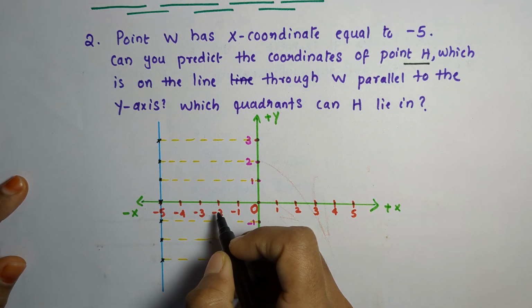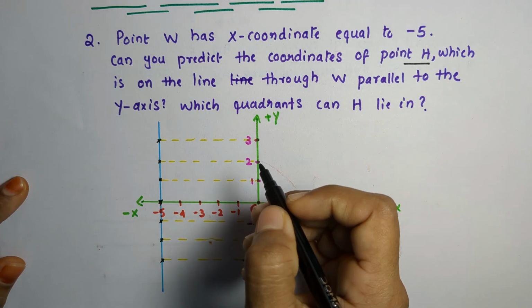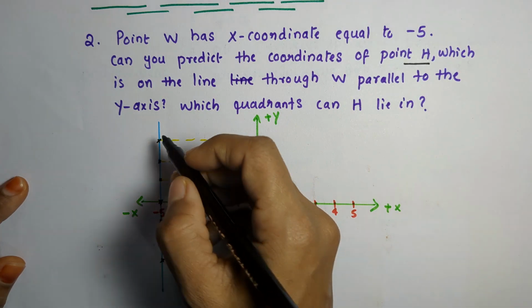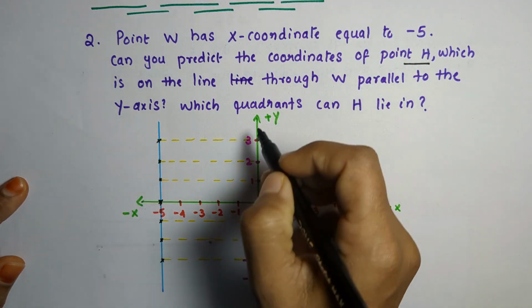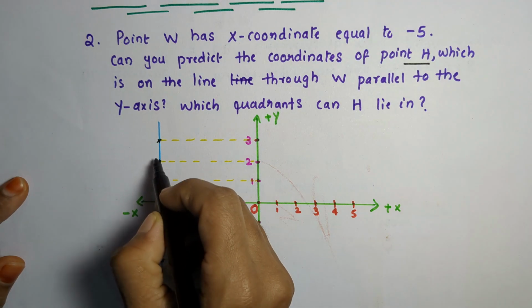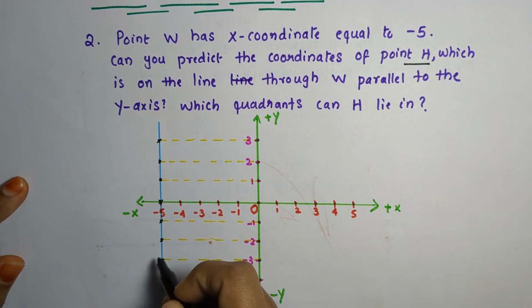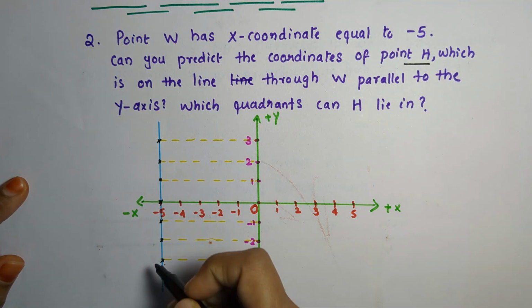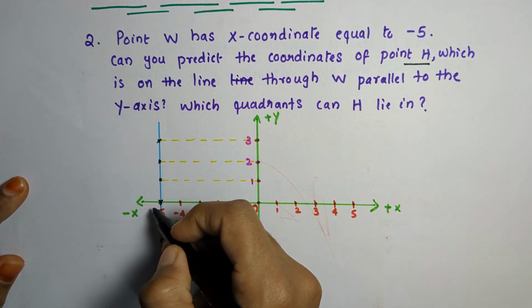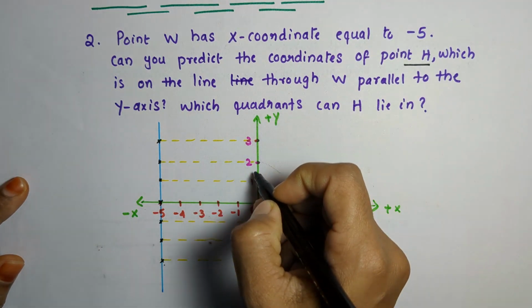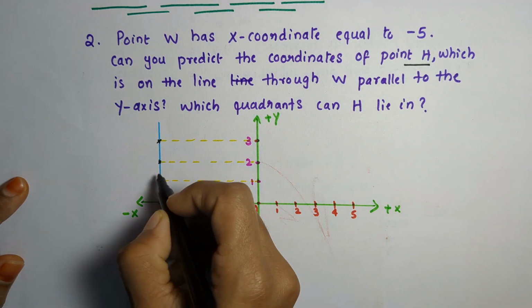Because since H lies on the line which is passing through W and parallel to the y-axis, the x coordinate of H also will be -5. Because all points on this line which is parallel to the y-axis have the same x coordinate.